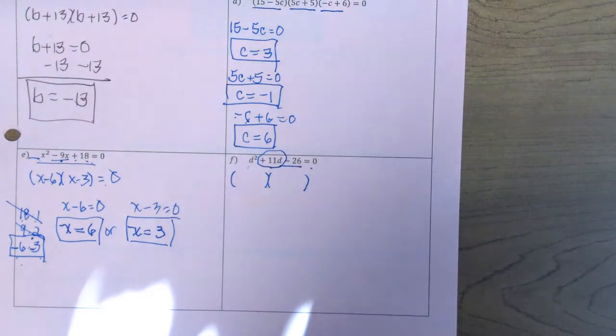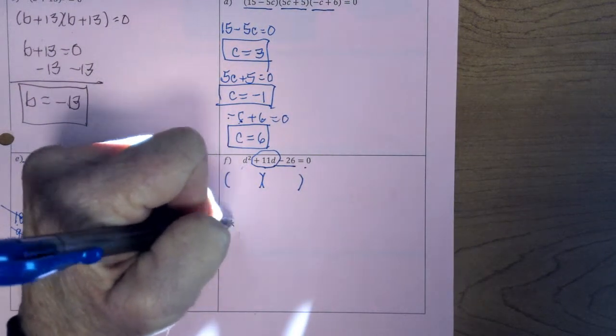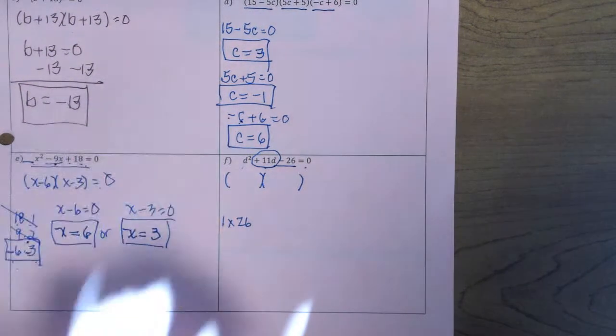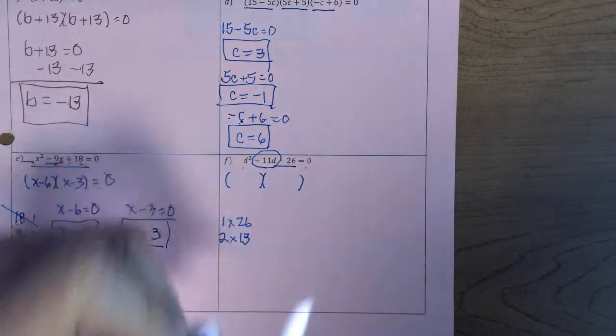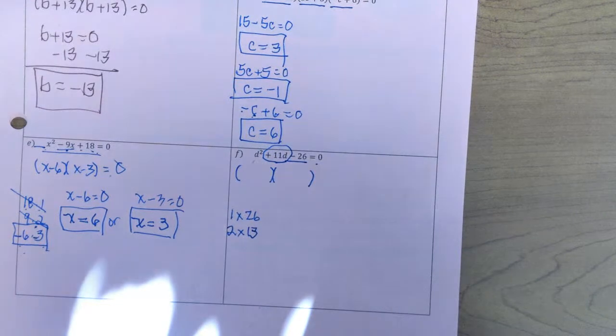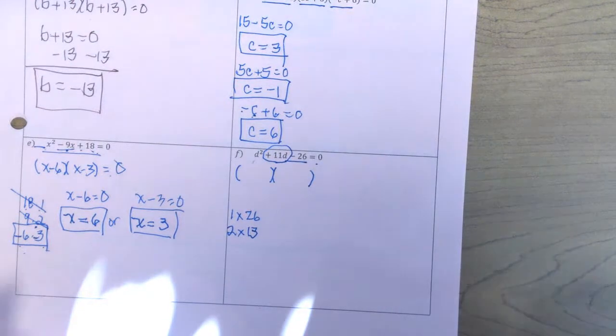So again, I'm going to look at what are my factors of 26. I know 1 times 26, and I know that 2 goes into 26, and 2 times 13. Okay, and that's about it. There's no other numbers. 3 doesn't go in, 4, 5, 6, so I've got 2 of them.